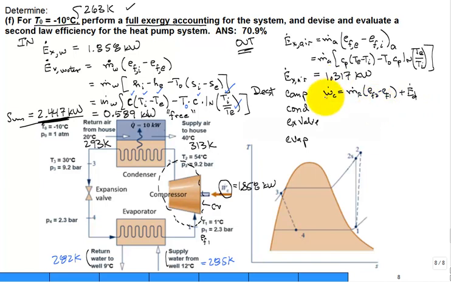We know these from our tables, and the only unknown is the exergy destruction rate in the compressor. I'm going to fight for space here, and I'm just going to say that the exergy destruction rate in the compressor turns out to be 0.263 kW.